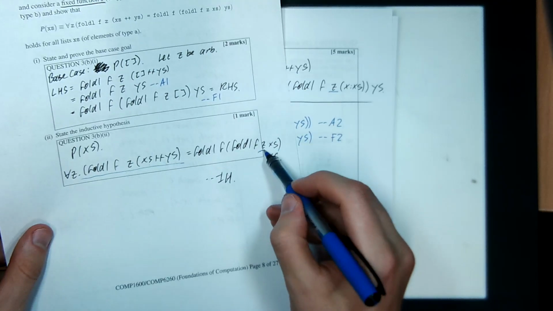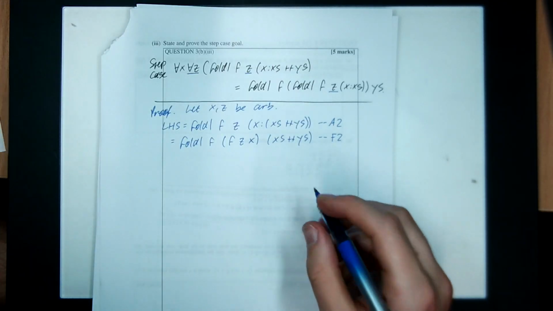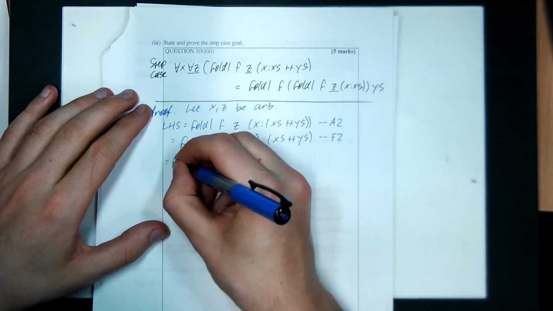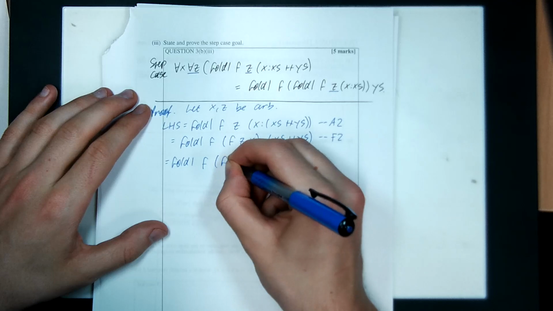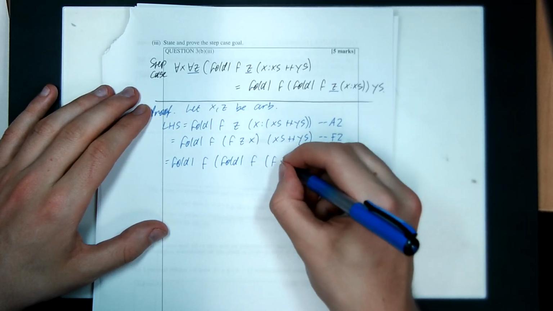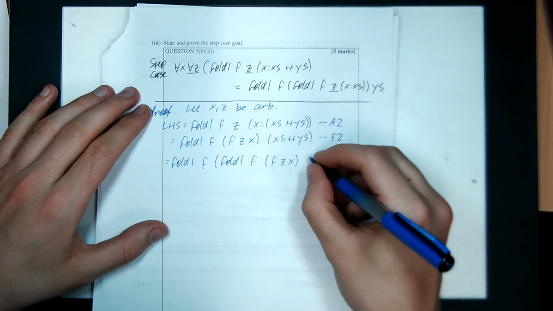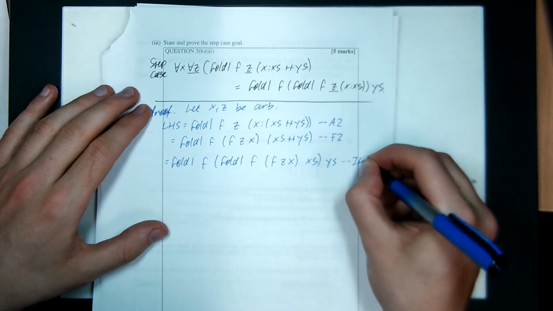But this z is our f z x. That's totally okay. So let's do that. So we're going to get fold L f, fold L f, instead of z we have f z x, xs, ys, by inductive hypothesis.